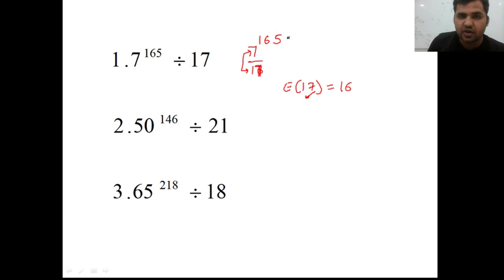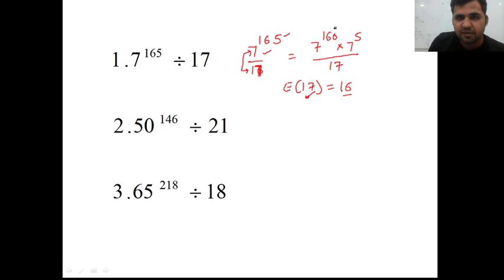Now, you are supposed to see whether the power is a multiple of 16 or not. In this case, power is not a multiple of 16. But if it is not a multiple of 16, you can rewrite this numerator part to make it a multiple of 16. 7 power 165 can be written as 7 power 160 into 7 power 5 divided by 17.